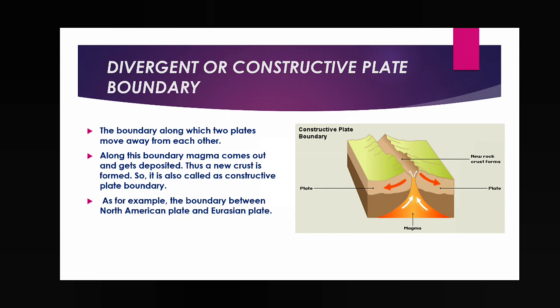And when two plates are moving away from each other, the gap is created between the two plates, and when the gap is created, the magma is getting the path to come out. When the magma comes out gradually through this gap onto the earth's surface, it cools, it solidifies, and then gradually it forms a new earth crust. And that's why wherever the divergent plate boundary is present, a new earth crust is created.